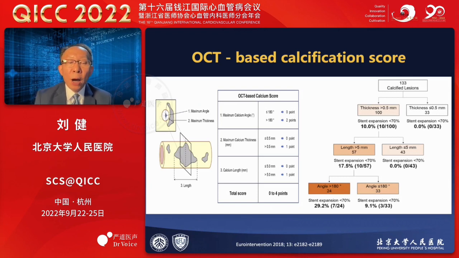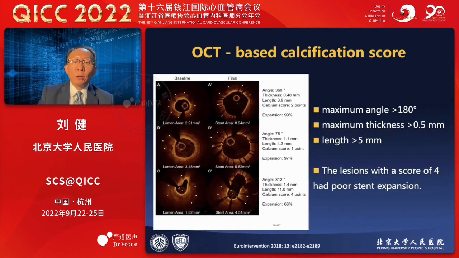If it is larger than 180, that is 1 point, and then the angle is 180, that's 1. And then if the thickness is thicker than 1.5 mm, that's also 1, so it is a 4-point scoring system. The higher the score is, the more severe the calcification is. And we can also see that the maximum angle is 180, maximum thickness is 0.5, length 5 mm, and then the score of 4.